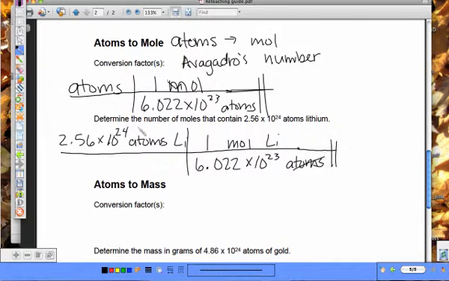So this time you're going to divide, and you'll probably want both of those numbers in parentheses. The answer is 4.25.